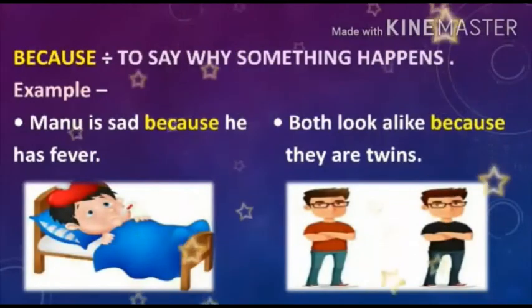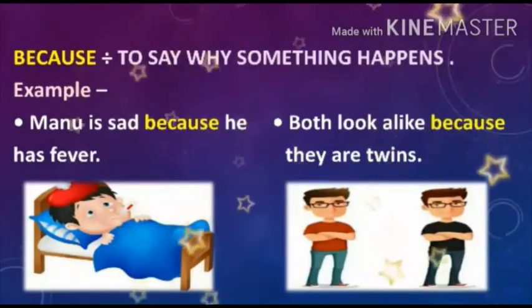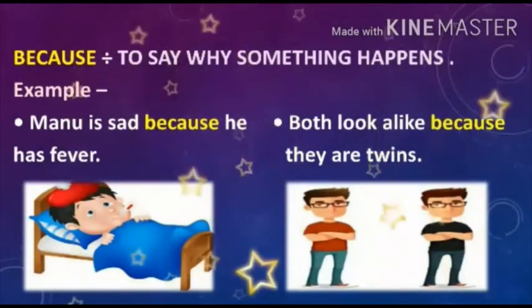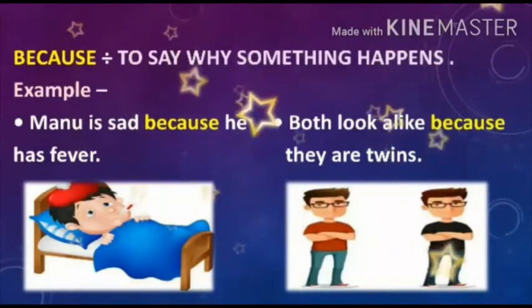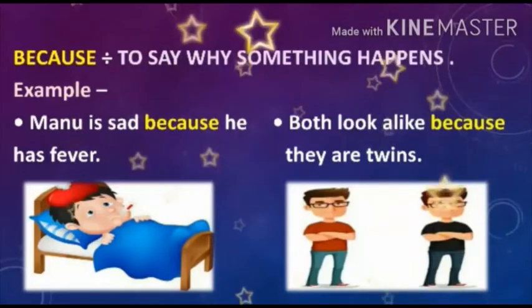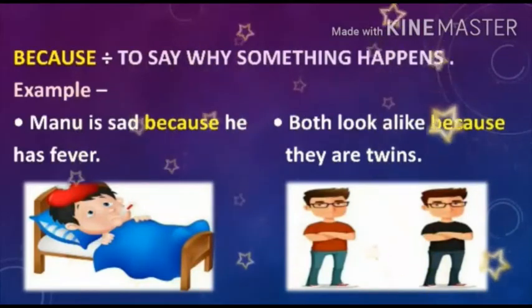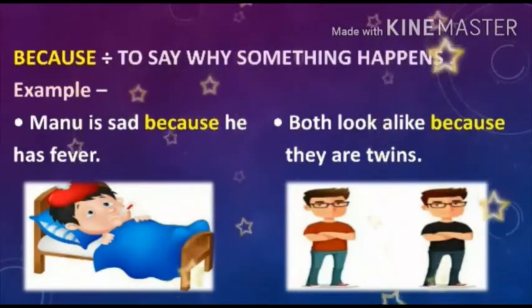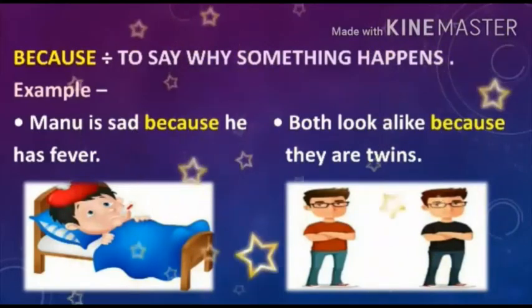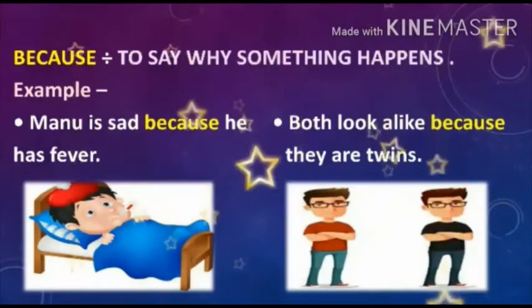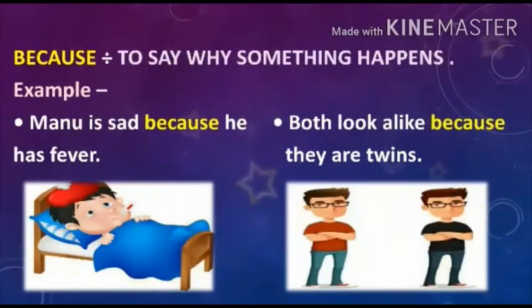Now the next conjunction, because. Because is used to say why something happens. For example, Manu is sad because he has fever. Here, why is Manu sad? The reason is he has fever. So whenever we have to tell about the reason, we must use the conjunction because.